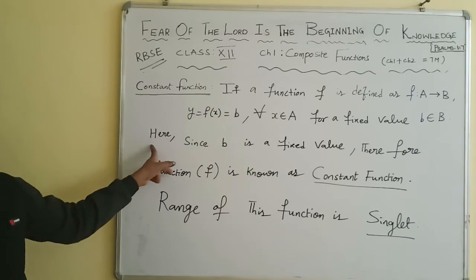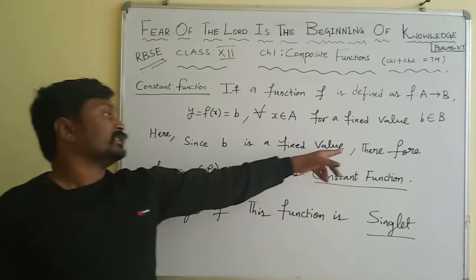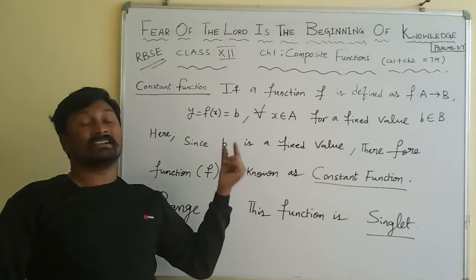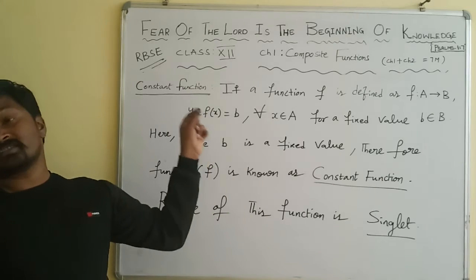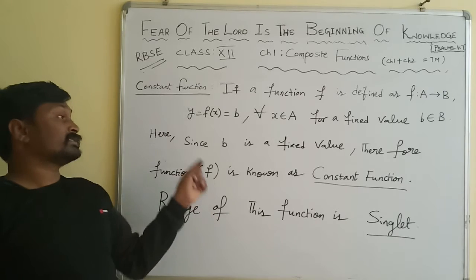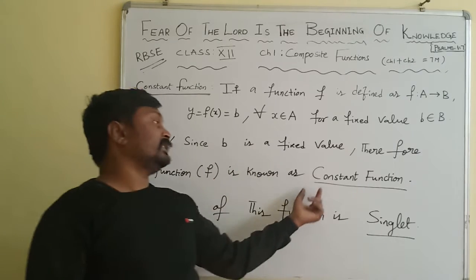Since b is a fixed value, therefore function f is known as constant function, where b belongs to capital B, that b is a fixed value. That was the reason we are calling this a constant function.